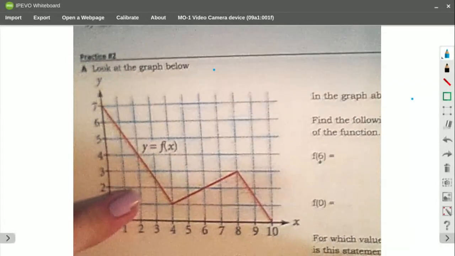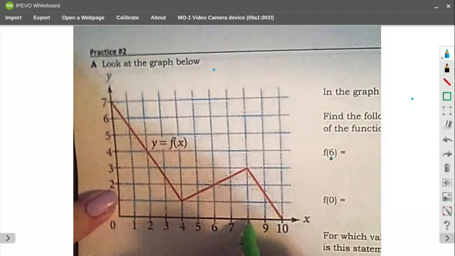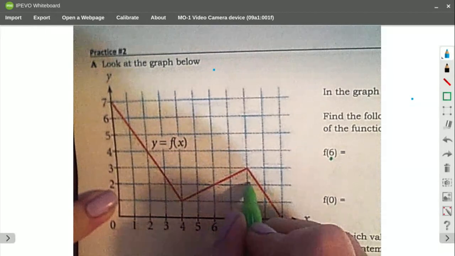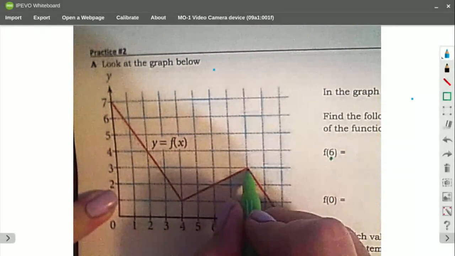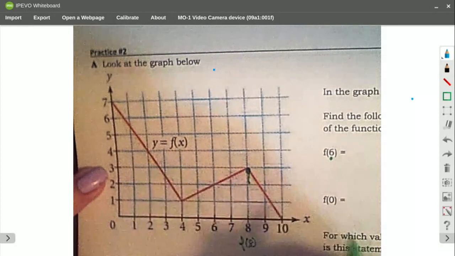So if I had f of 8, remember the 8 is my x, but f of 8 is my y. So f of 8 is going to be this x going up to my red line. Now where is that equal to y?